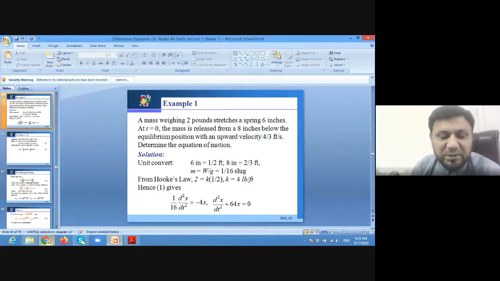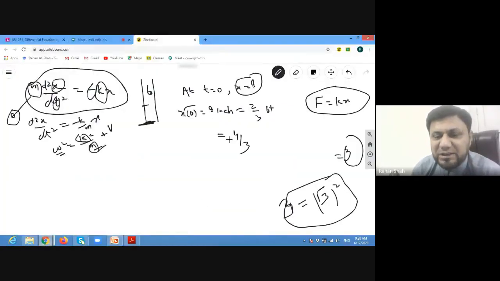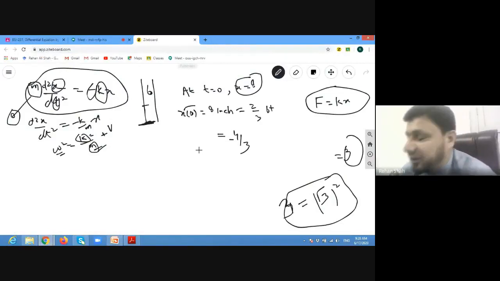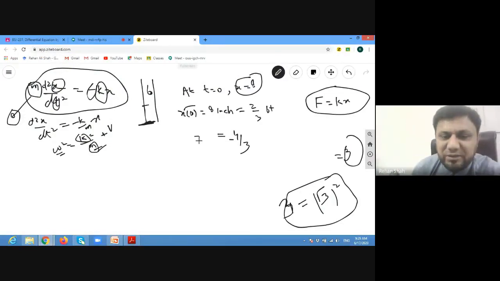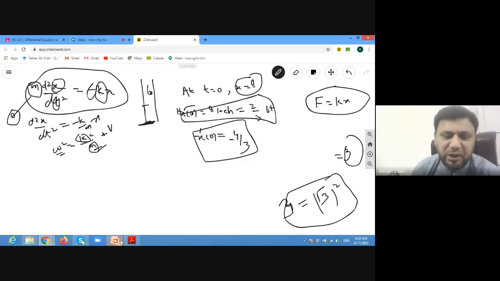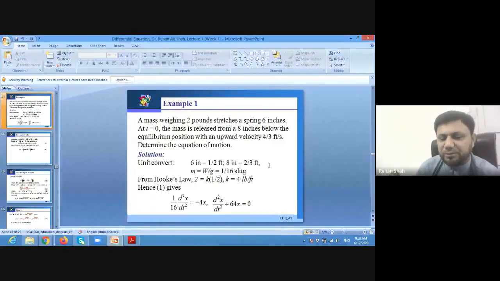So what is meant by upward velocity? Upward velocity means the value of velocity will be negative. Velocity means the derivative of x. At time t equal to 0, the velocity is minus 4 by 3. So one condition is this one, another is this one. Use these two conditions and find the values of C1 and C2. Clear so far?